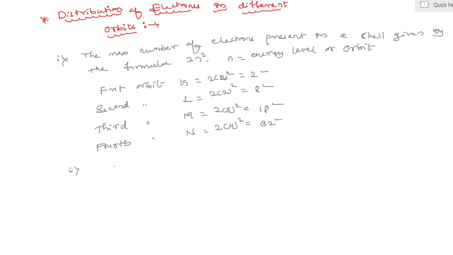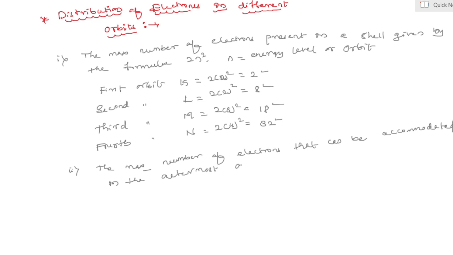Yes, what is given here? The maximum number of electrons that can be accommodated in the outermost orbit is how much? 8.